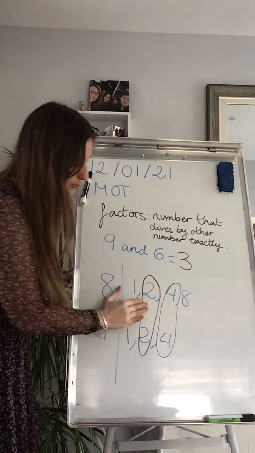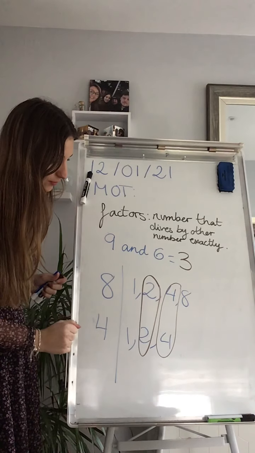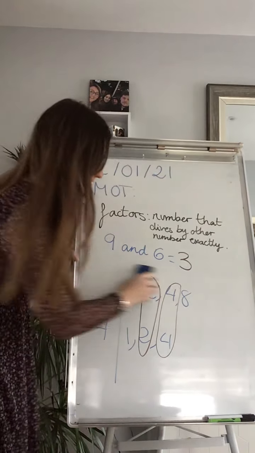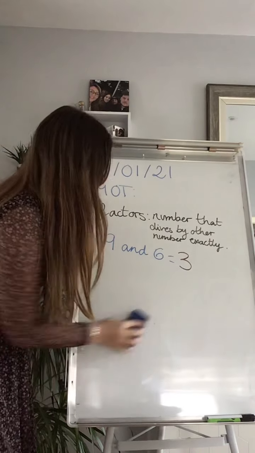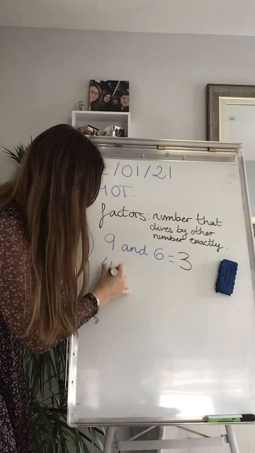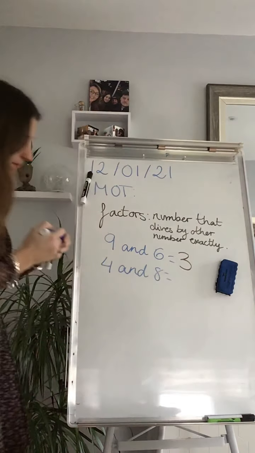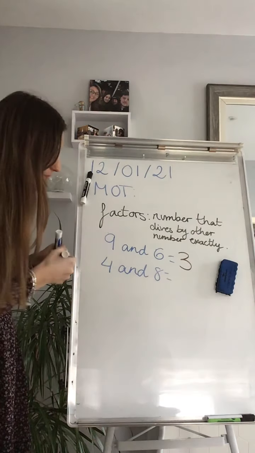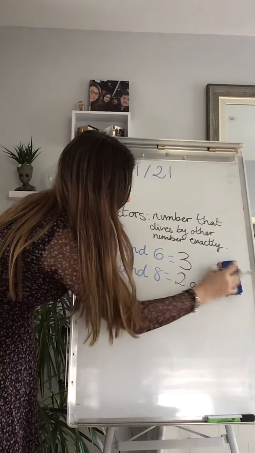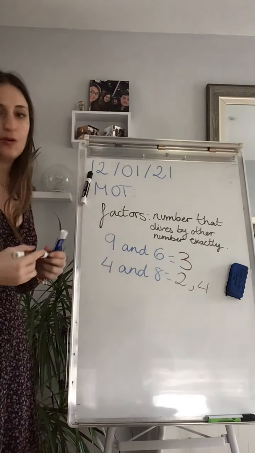I have 2 on both, and factor 4 for both of these numbers. So then I know that the common factors of 4 and 8 are 2 and 4.